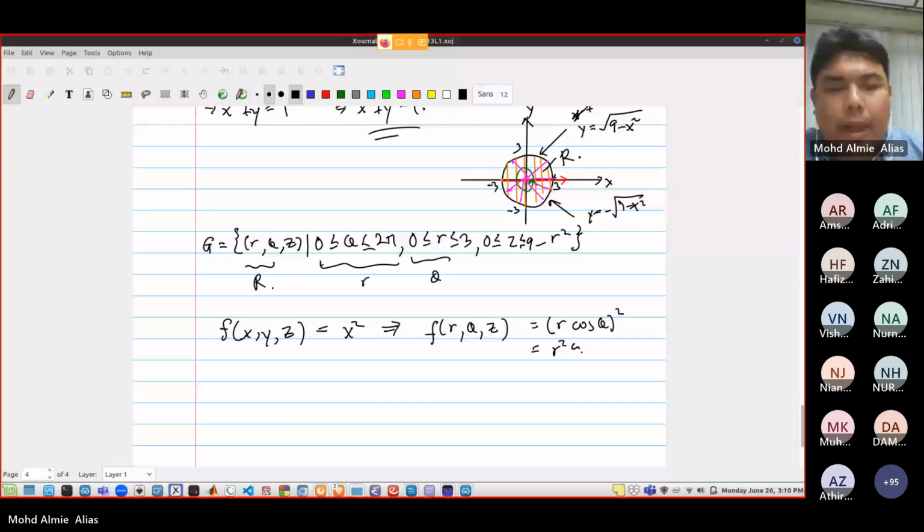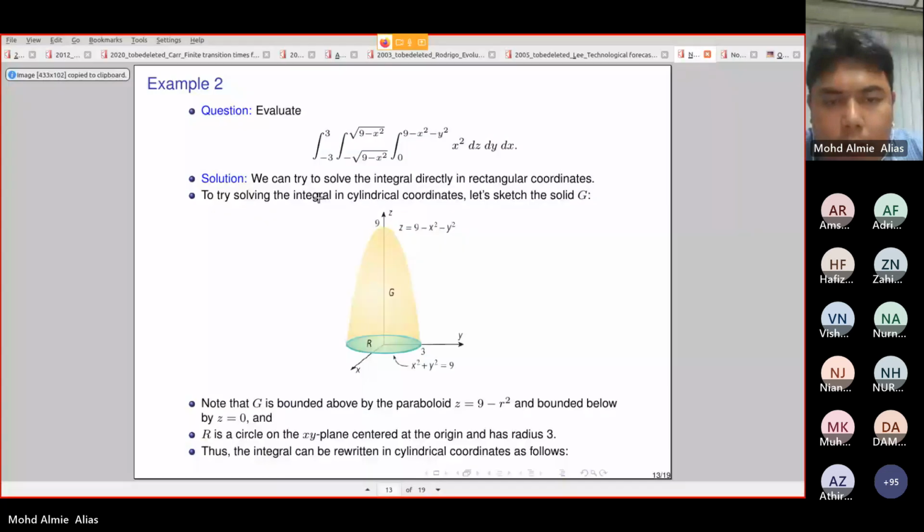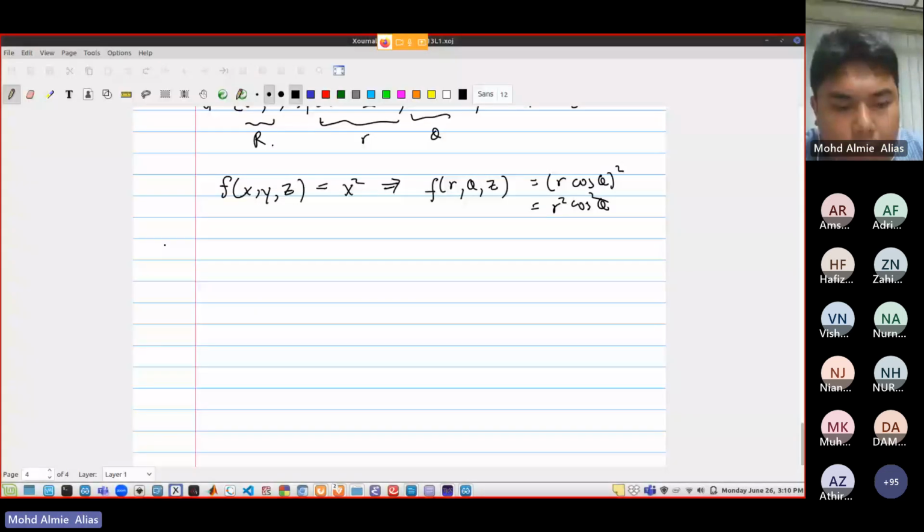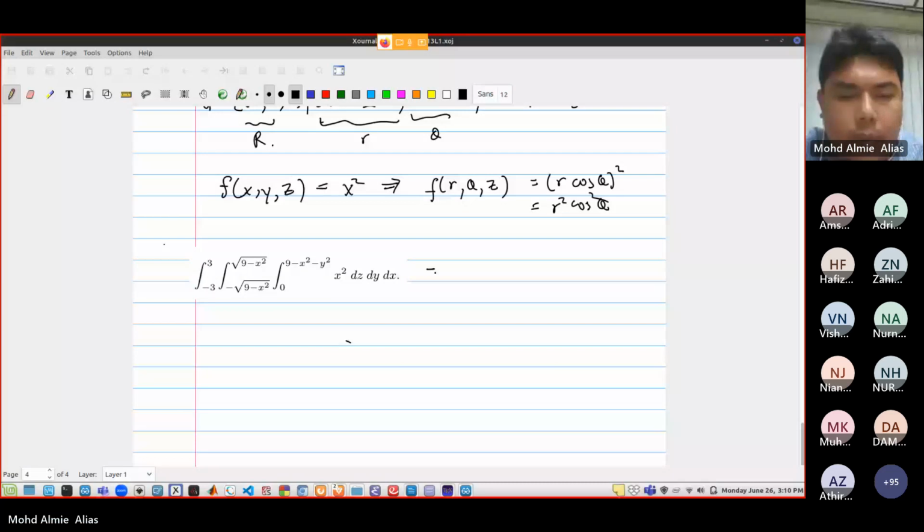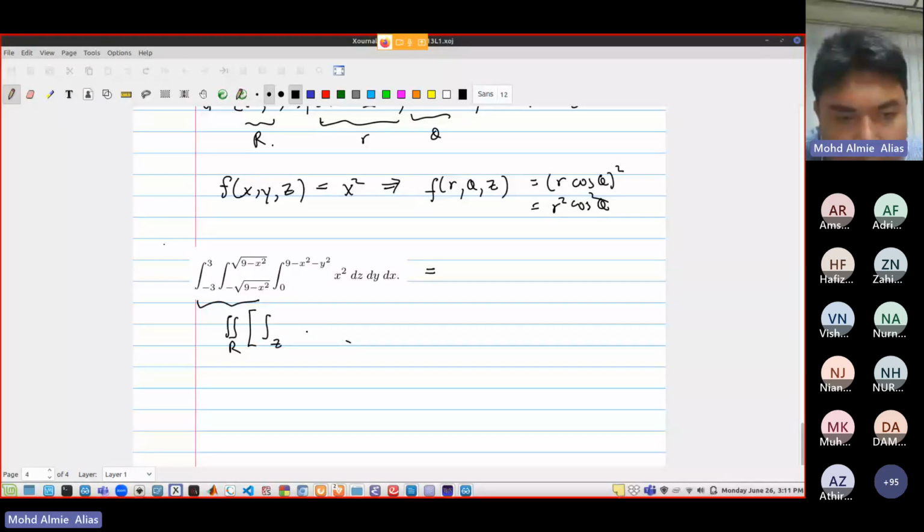Of course, we can write this as a triple integral over G, with certain z limits.